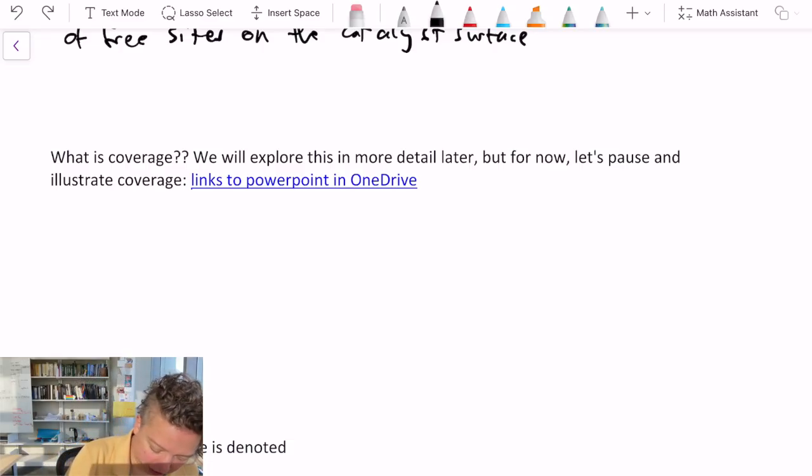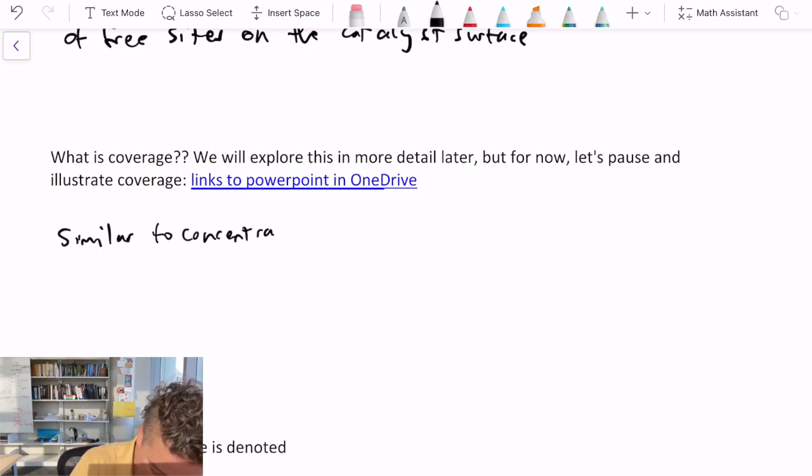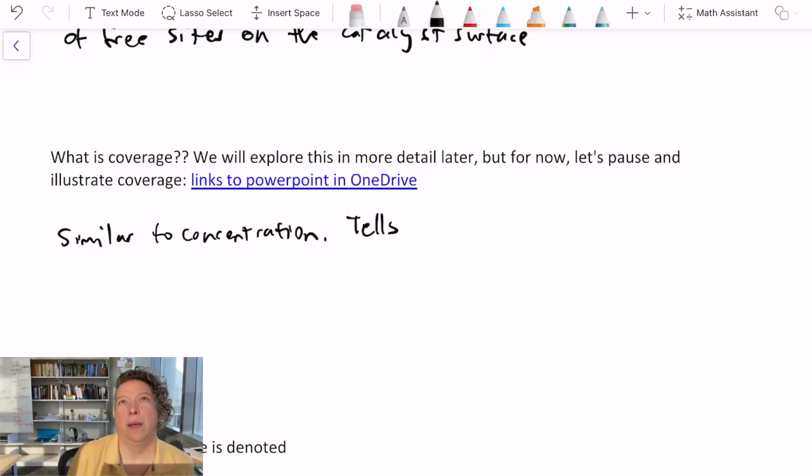So coverage, long story short, is like a concentration variable. It tells us the number of molecules that are adsorbed to a surface.